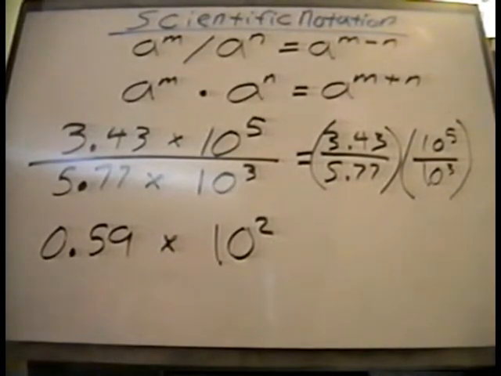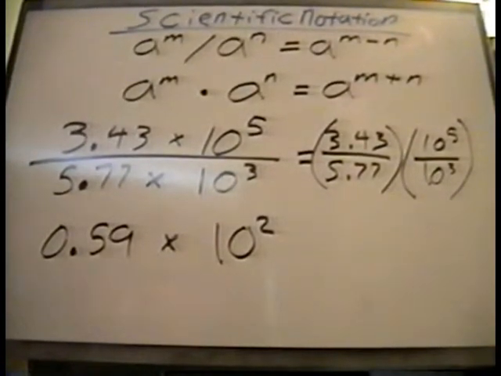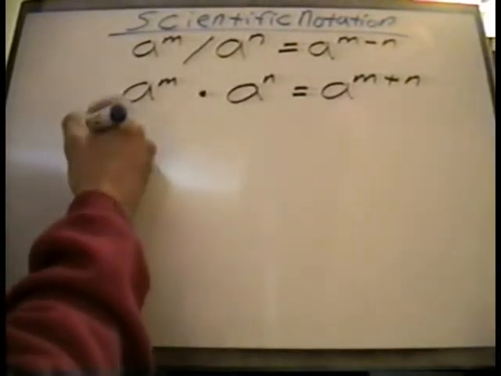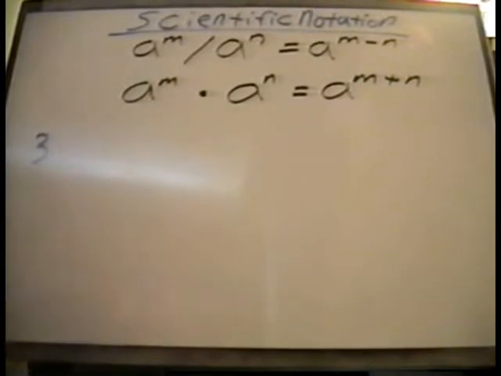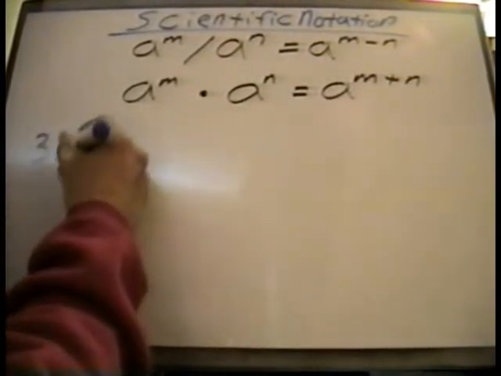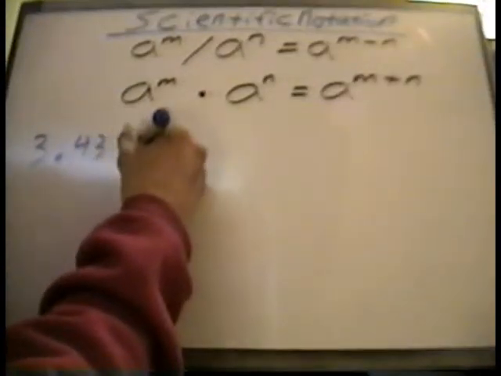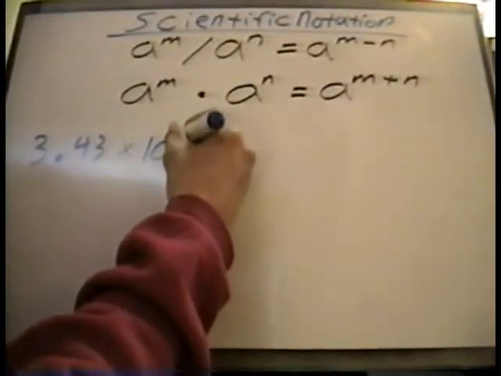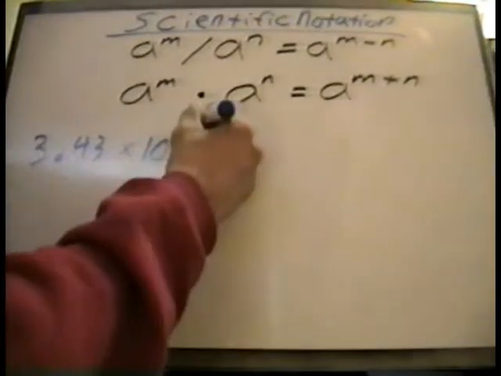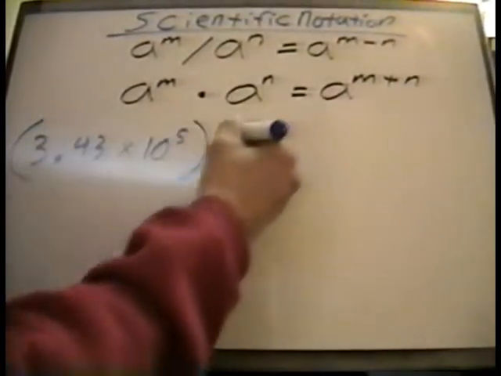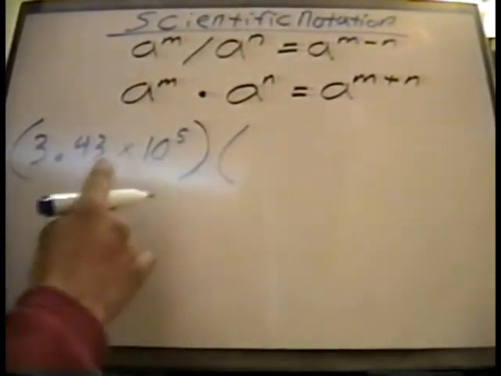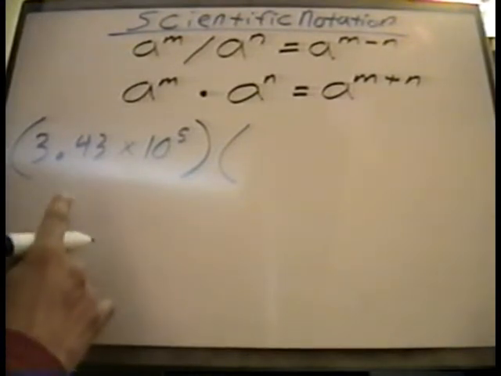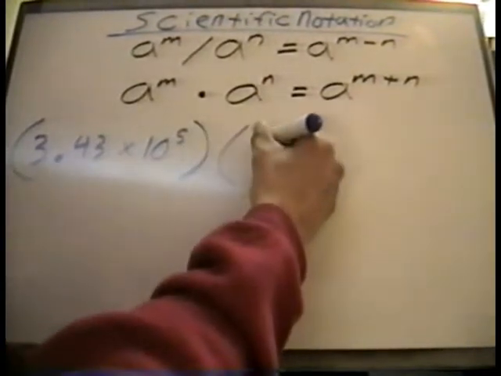Now here, let's say we have 3.43 times 10 to the power of 5. And we want to multiply this by another number in scientific notation, such as the one we just had, 5.77 times 10 to the power of 3.